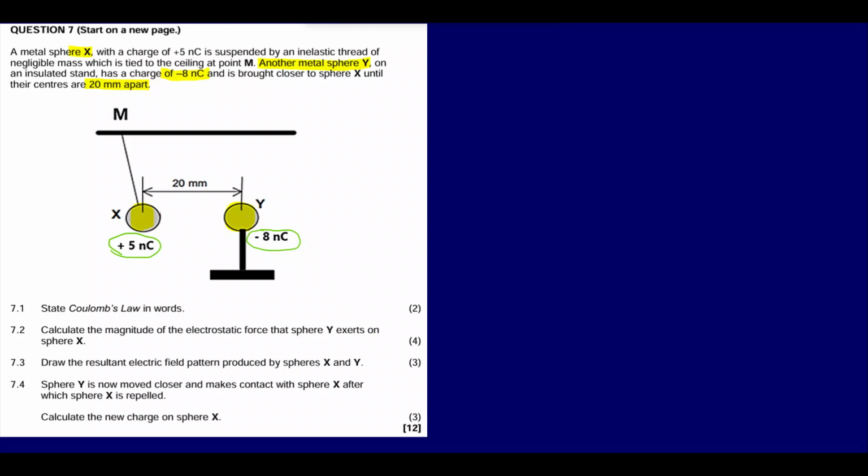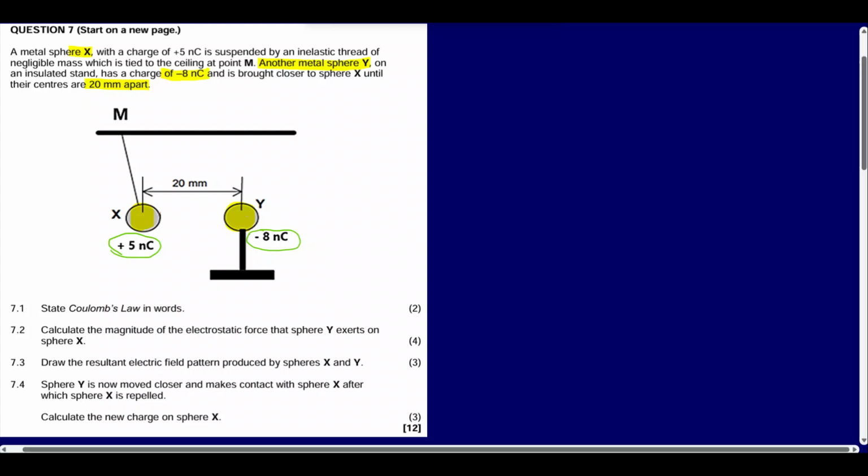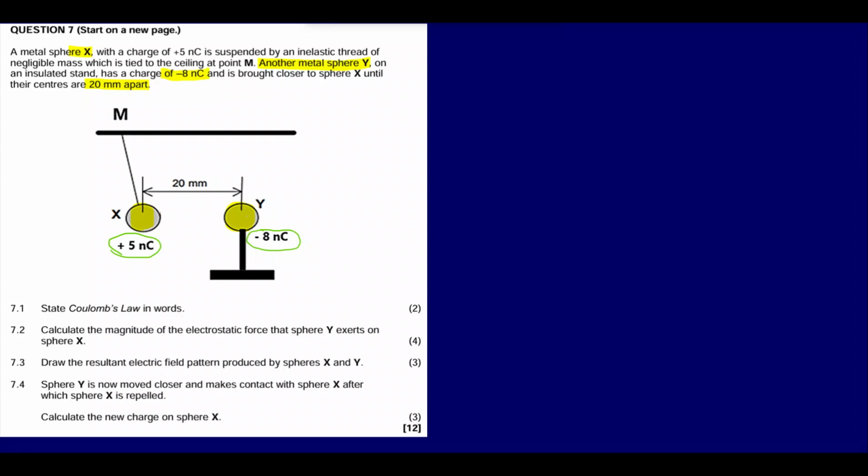So now the possible questions we can expect here, it's obviously to know how to state Coulomb's law. So I hope everyone can state Coulomb's law, because it states something very simple. It talks about the electrostatic force being directly proportional. And remember, this electrostatic force is being experienced by the charges, right?